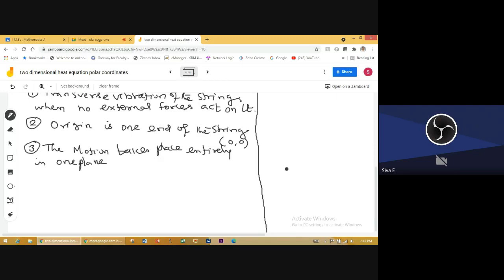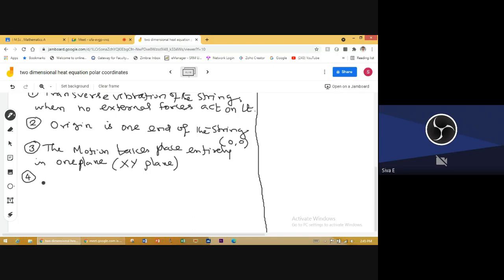What is the plane here? That plane is called the XY plane.